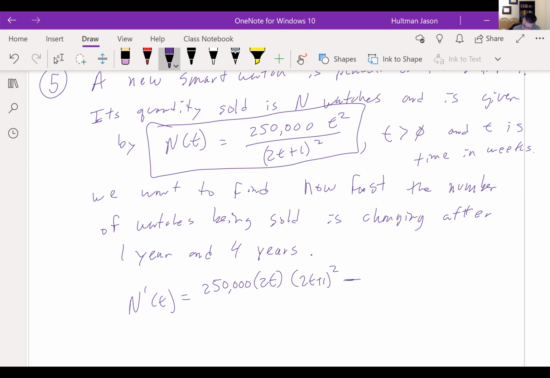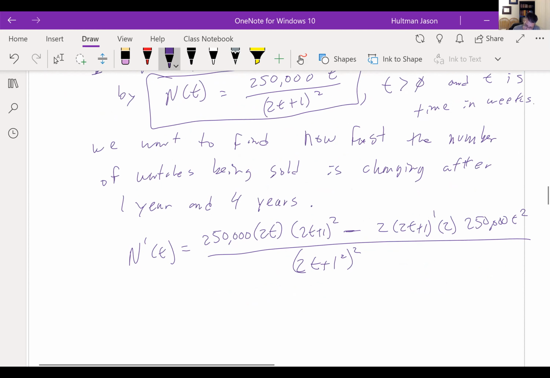So that's going to be 2 times (2t plus 1) to the first power times the derivative of the inside, which is 2, times the top, which is 250,000 t squared, all over the bottom squared. Well, what's a squared squared? Well, that's just to the fourth power. It's going to be (2t plus 1) squared squared. I'll try not to skip steps.